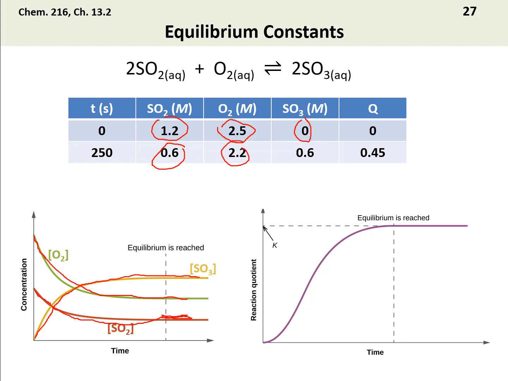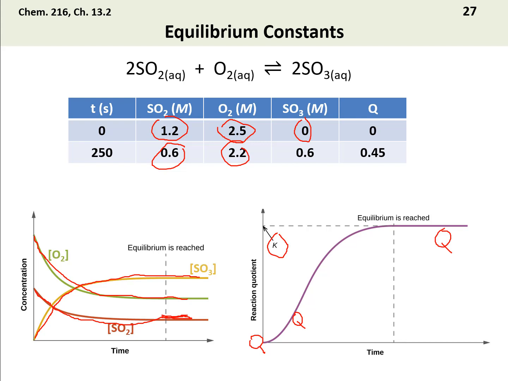Remember, equilibrium is not when the reactions stop, it's when the concentrations stop changing. All right, so my Q value is changing with time, right? So my Q was 0 at the beginning, it increased, and eventually, once my concentration stopped changing, my Q value is also going to stop changing. This Q value at equilibrium, we call this K.